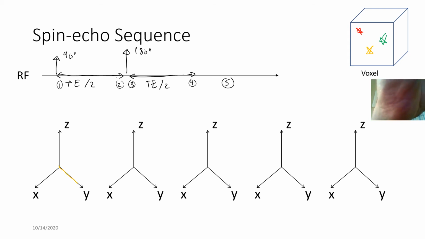It was rotated in the transverse plane, and this location is on resonance, and so it is not rotating. It's maybe experiencing some T2 decay, no dephasing effects. Our red location, say this is moving.